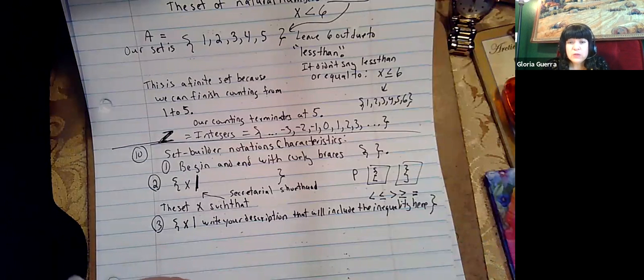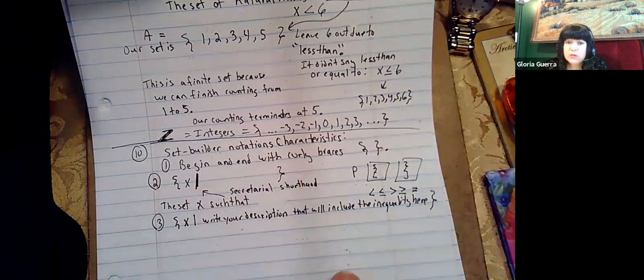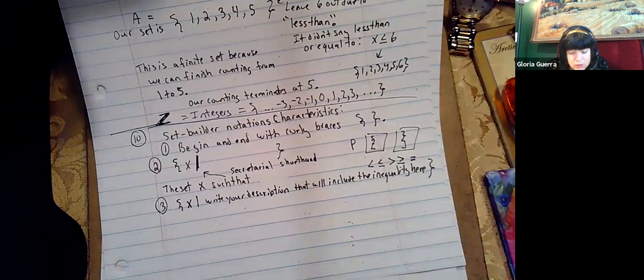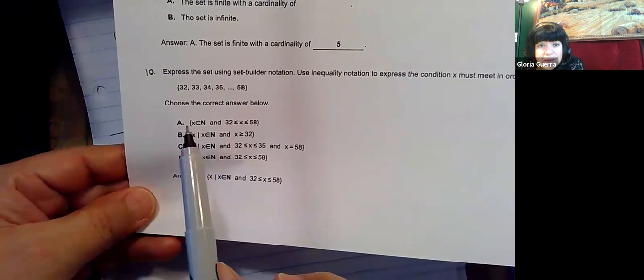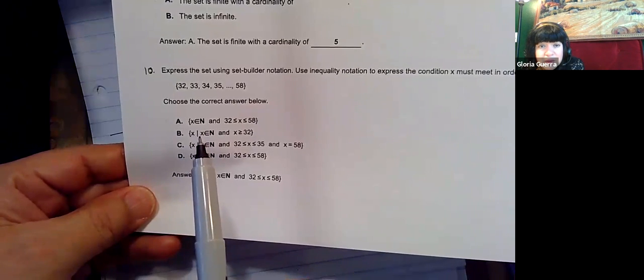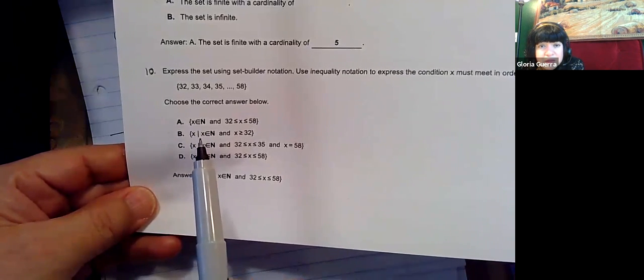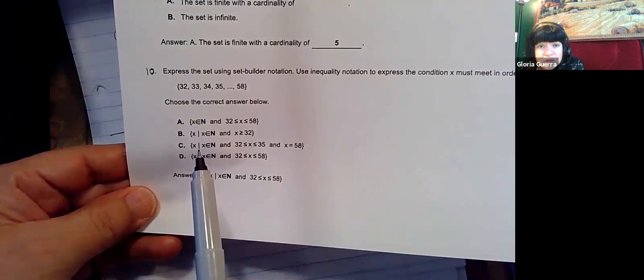So for us, that's what it said. When you look at your answer choices, you see how you can omit A right off the bat, because all these have X such that, X such that, X such that.